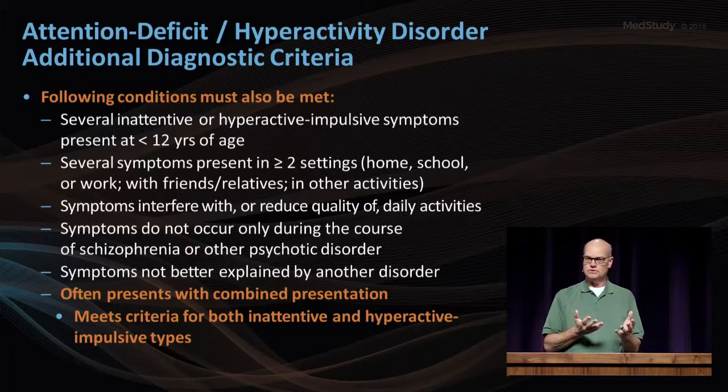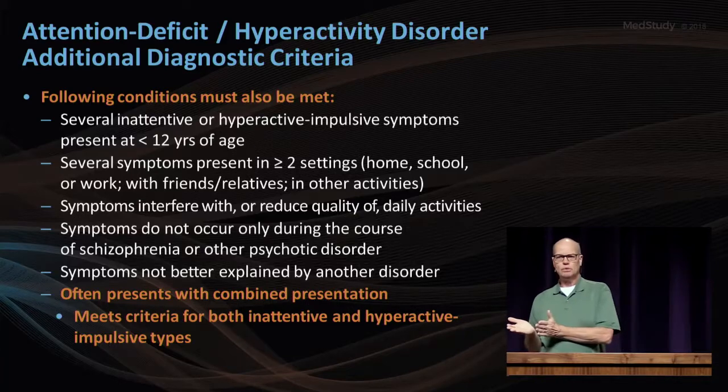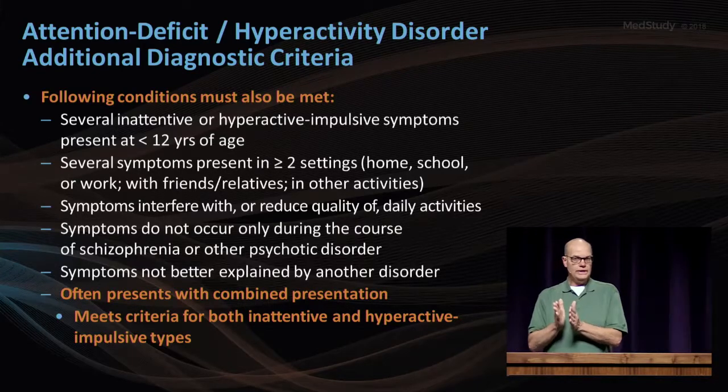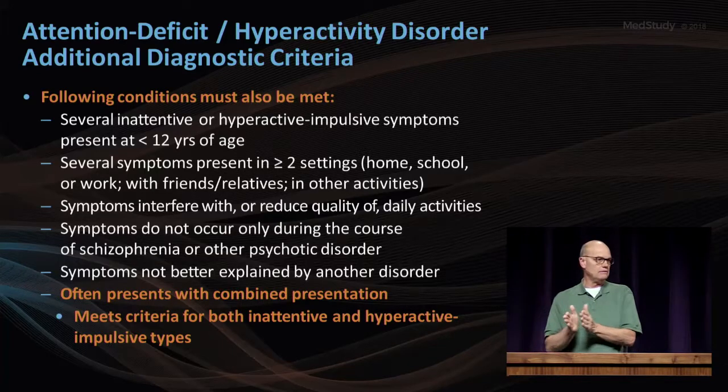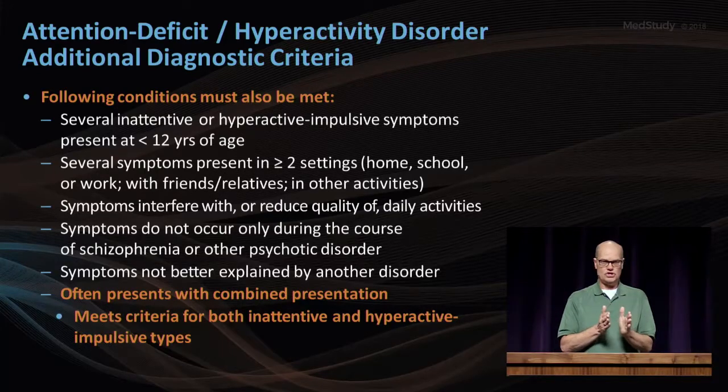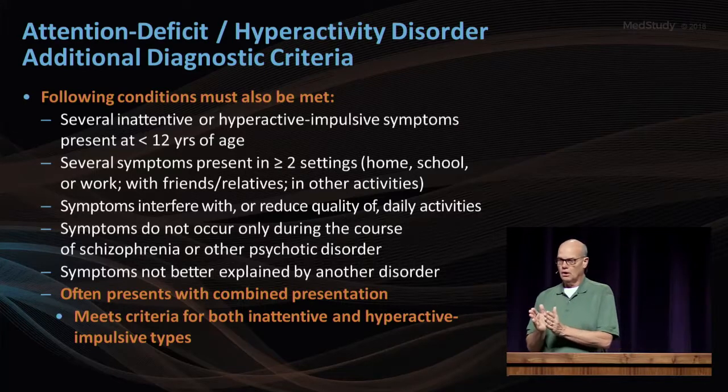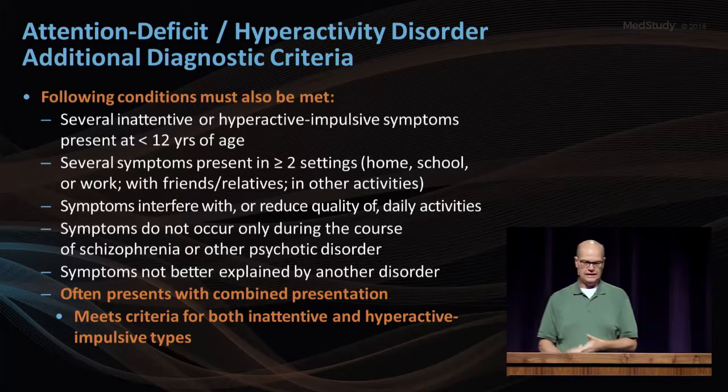That may increase motor activity, that may decrease attention, but they do pretty well in school when they have a more structured environment. So be sure to read the vignette from the perspective that these symptoms are present regardless of the particular area that the child is in, be it school, home, and the like.